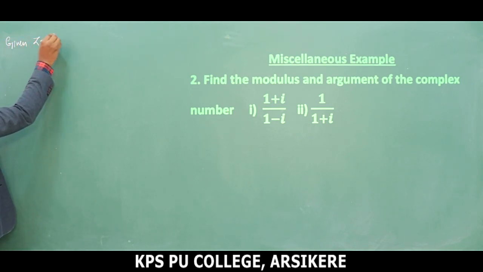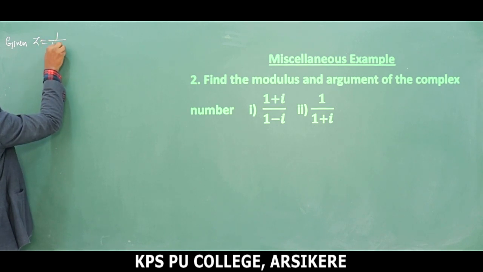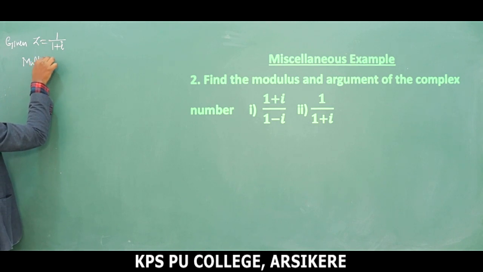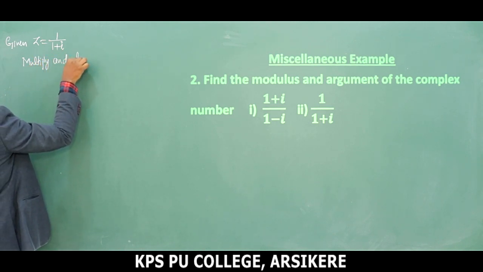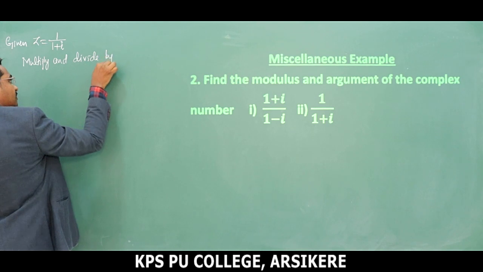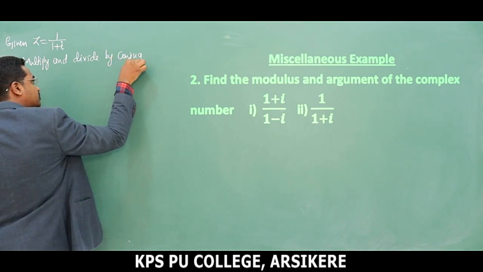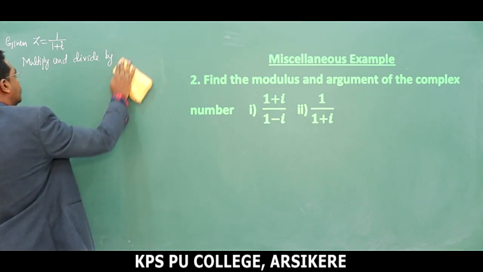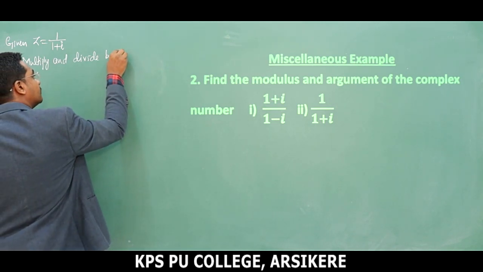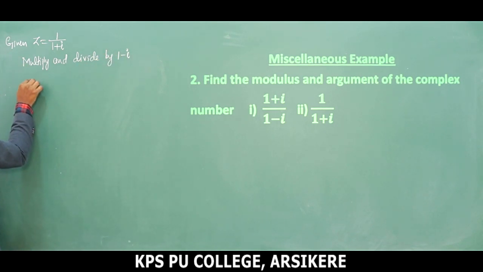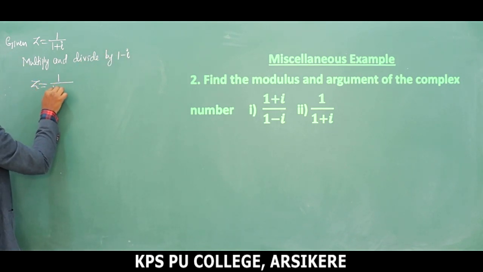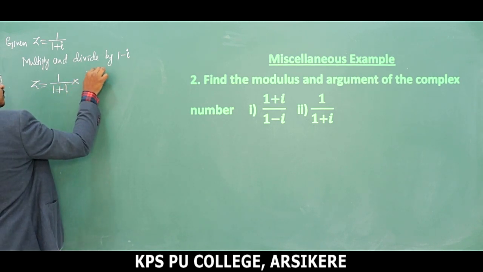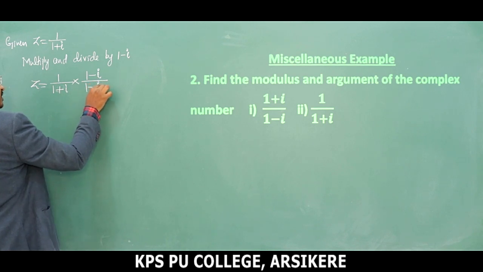Given z is equal to 1 divided by 1 plus i. Concept is very simple. Multiply and divide by the conjugate, or you can write directly, multiply and divide by 1 minus i. z reduces as z is equal to 1 divided by 1 plus i into 1 minus i divided by 1 minus i.